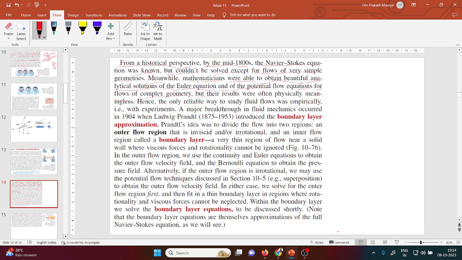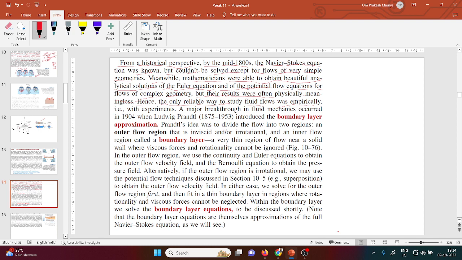But their results were often physically meaningless. Hence, the only reliable way to study fluid flow was empirically, that is, with experiment. Previously, the only reliable way was experiment. You studied fluid mechanics with experiment. This was the way.